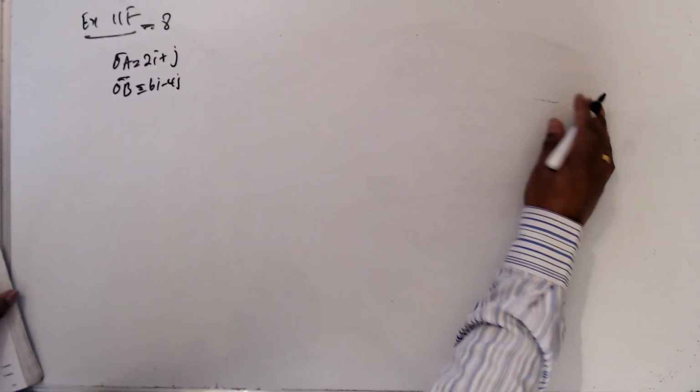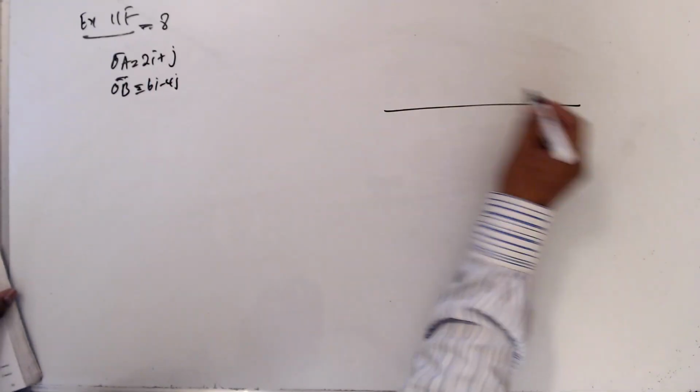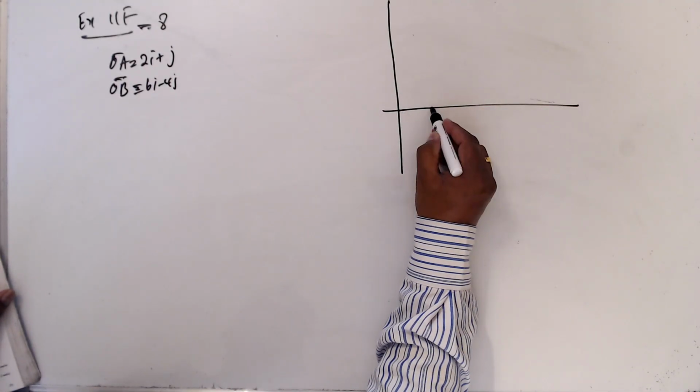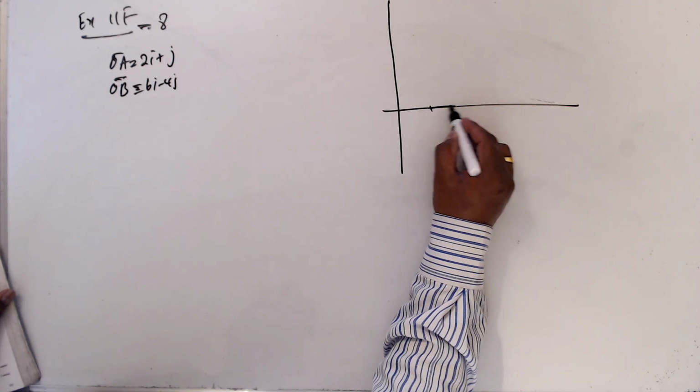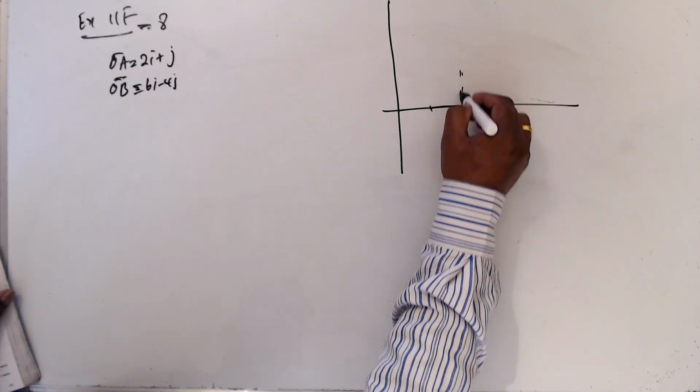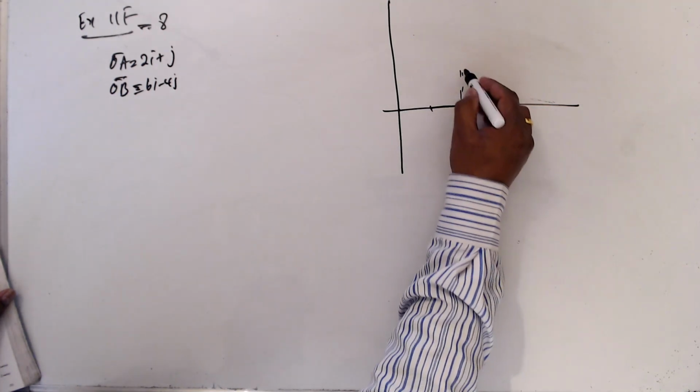So basically, this is going to be 1, 2 and 2, 1. So the boat is here.